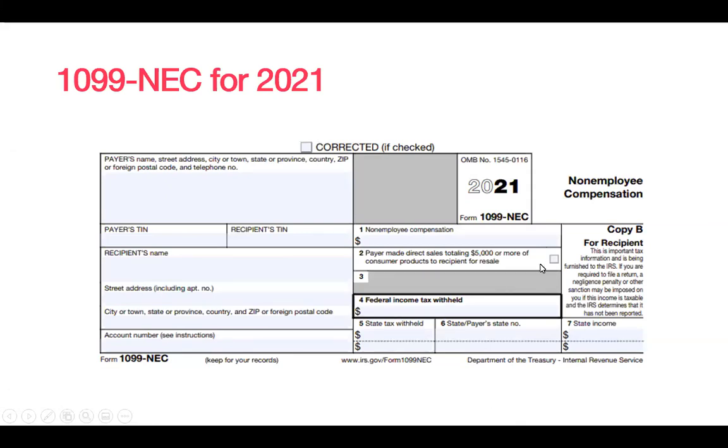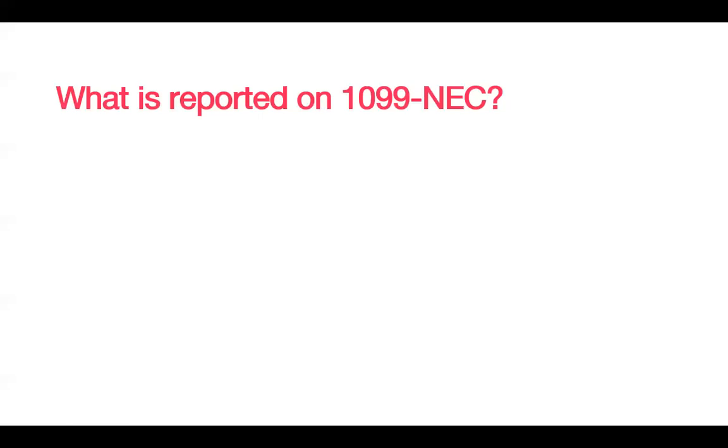And then as far as this box, I would say, look at the instructions. You're not going to have many who deal with that. And we'll talk about this in a minute on what goes in there. But just so that you could see the form, there's not much that goes in there. So it's pretty good.